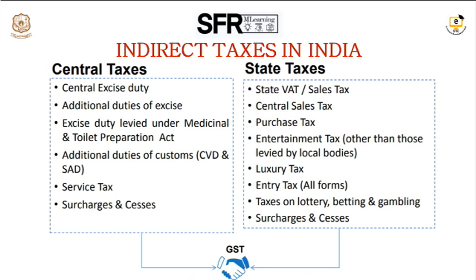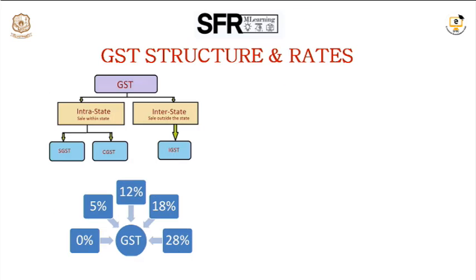Under central taxes, there is a list of duties: central excise duty, additional duties of excise, service tax, and so on. In the form of state taxes, state VAT, central sales tax, purchase tax, entertainment tax, etc. These indirect taxes are all subsumed in the single tax known as Goods and Service Tax in India.